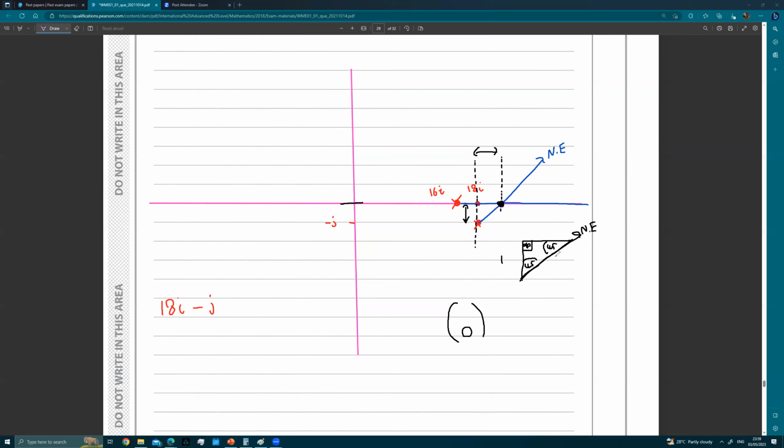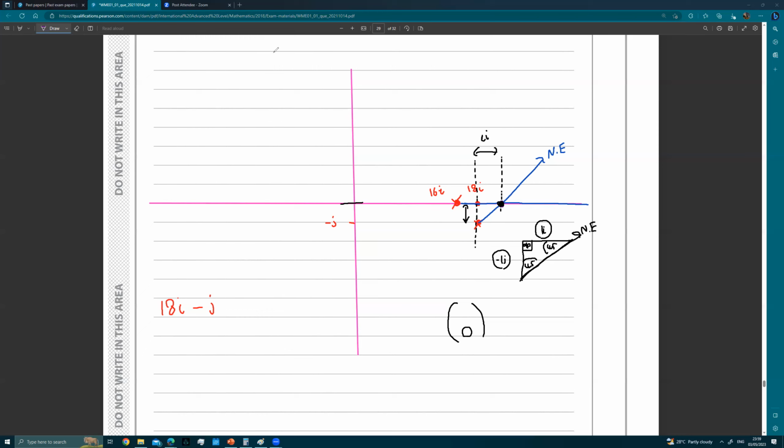This is an isosceles triangle because both angles are 45 degrees. So if this has a magnitude of 1, this must also have a magnitude of 1. Remember, this is minus 1j, and so this will be 1i.